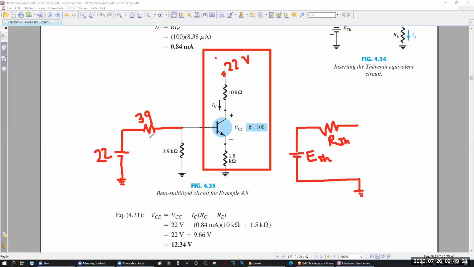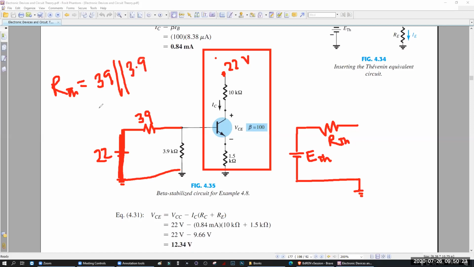So to find the RTH, the main work will be shorting out this one, right? Yes, sir. You have to short out this one. Then see, they are actually parallel, right? These two resistors are parallel. So your RTH will be 39 parallel 3.9.